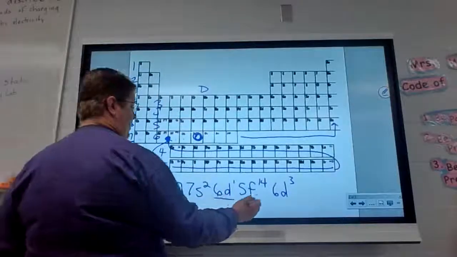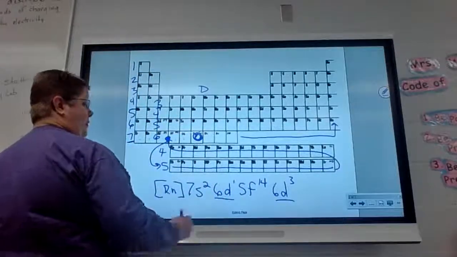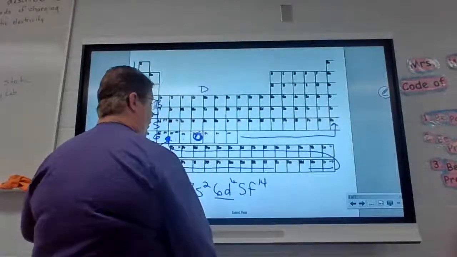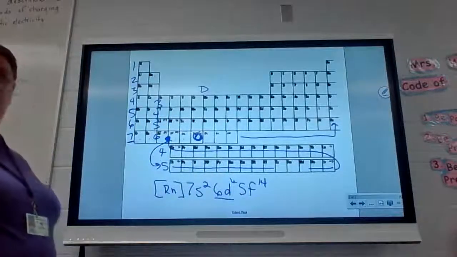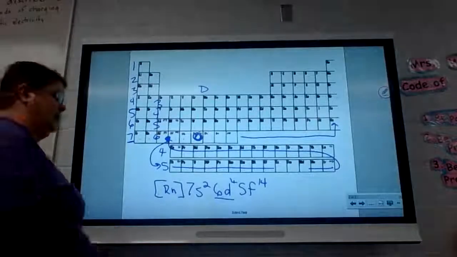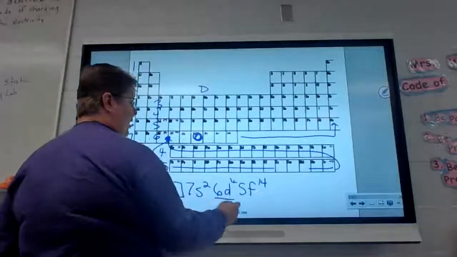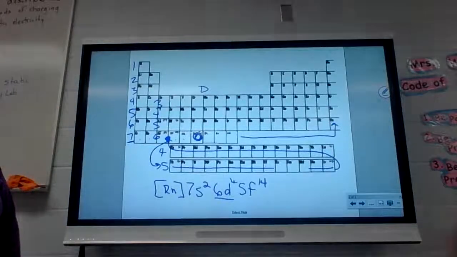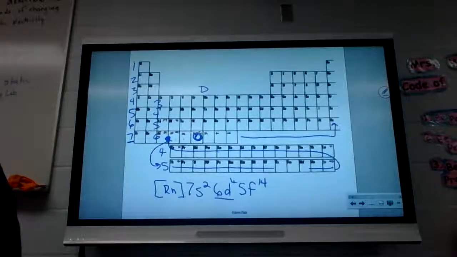What am I going to do with these and those? Combine them. So I have 6d4. Get rid of one of them. And I don't care who's first and who's last. You could have just as easily combined here and gotten rid of this one, and I would not have cared. Questions? Anybody? Questions about shorthand notation?